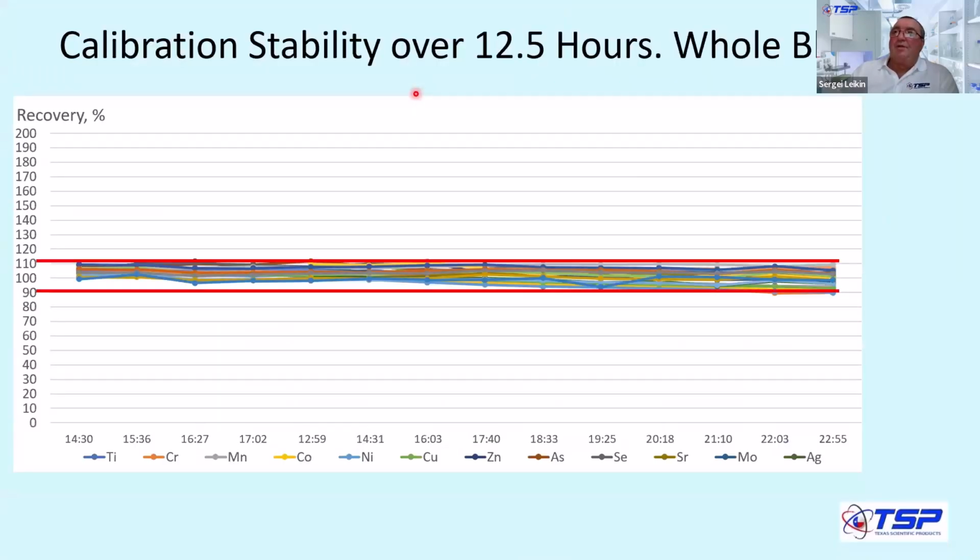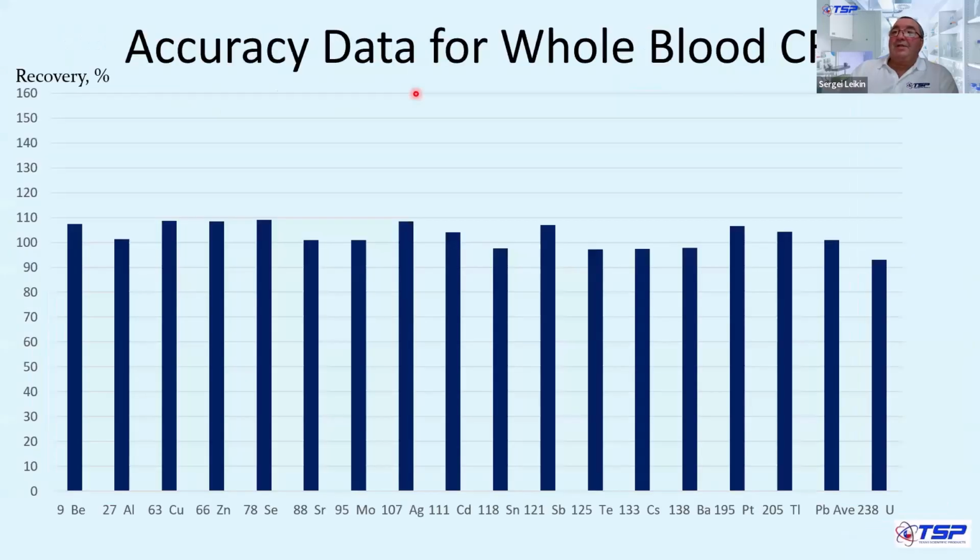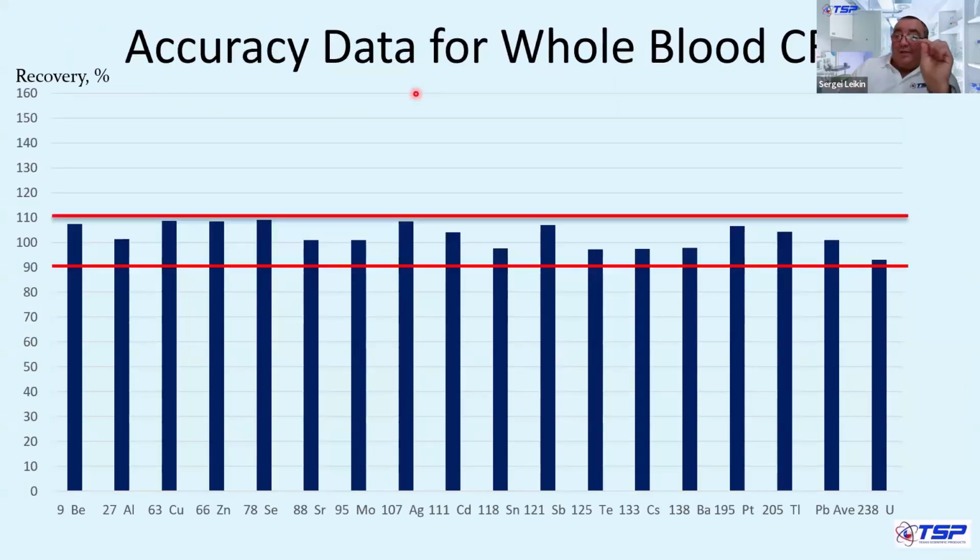You can see here the calibration, the stability over 12 hours, and this is the accuracy with this type of calibration standards. Michael, we're going to talk more about some of the strategy for the calibration and matrix-matched standards. But here's just an example of what we did, and you can see it worked pretty well even without complete matrix matching with blood.